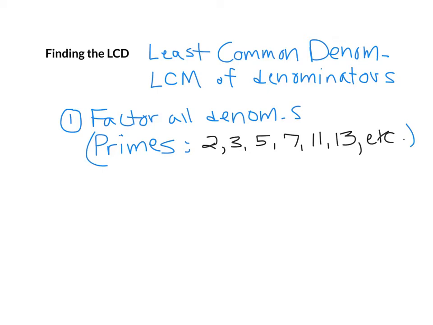But it's important to know that all of these factors will occur within the numbers we are trying to find the LCD for, okay? So the first step is factor all the denominators, and don't worry, I'm going to walk you through this process with each example we do here on page 604.